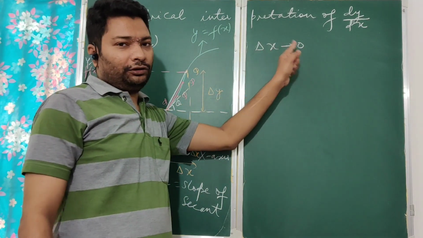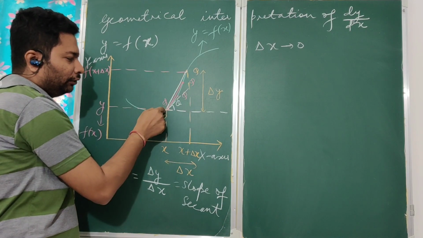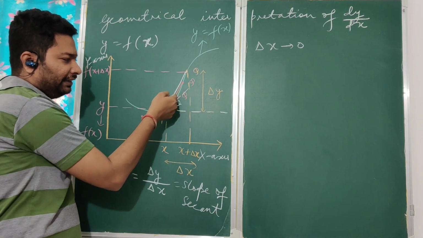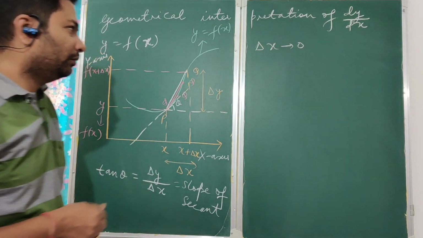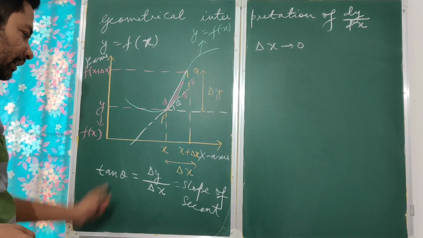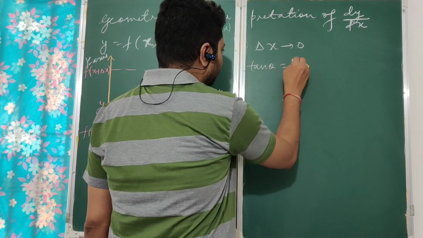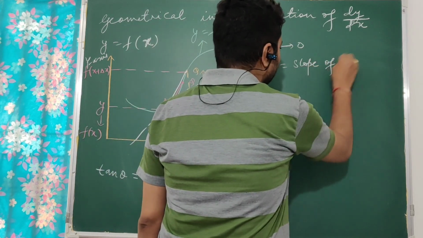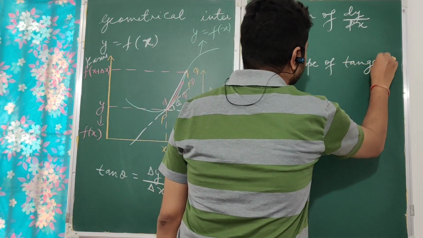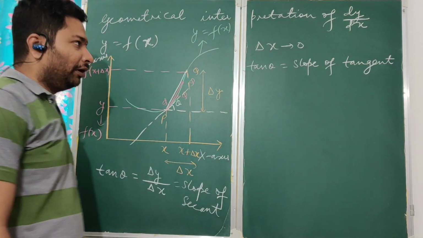Tending to 0 means it is not exactly 0, but you can imagine that point Q is very close to point P. So the secant has become the tangent. So now what you can write? You can write tan theta, which is the slope of tangent. Now secant has become tangent, therefore we have written slope of tangent.